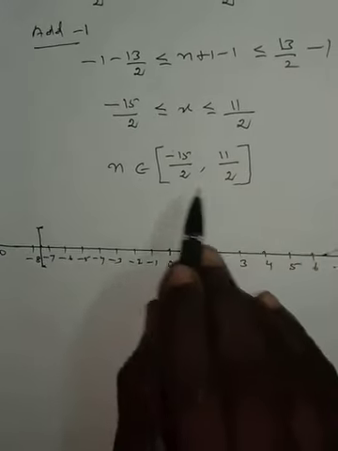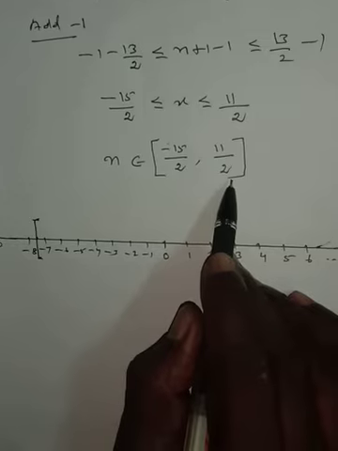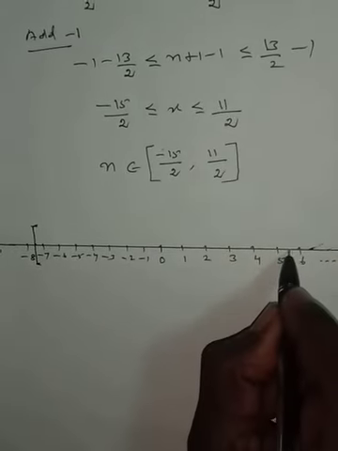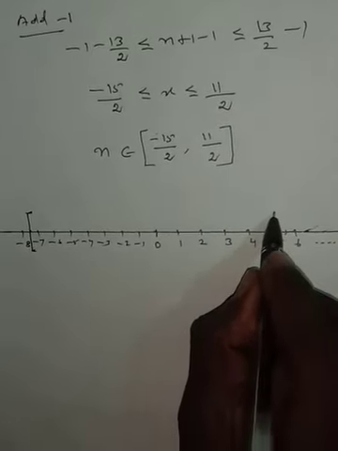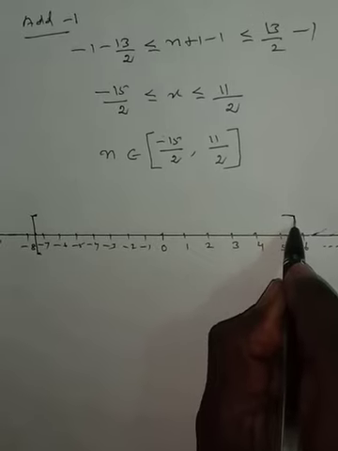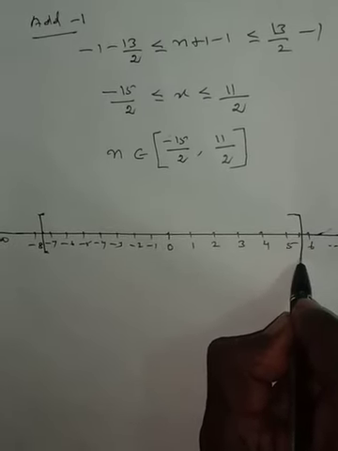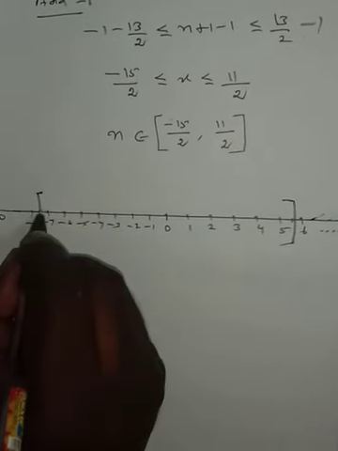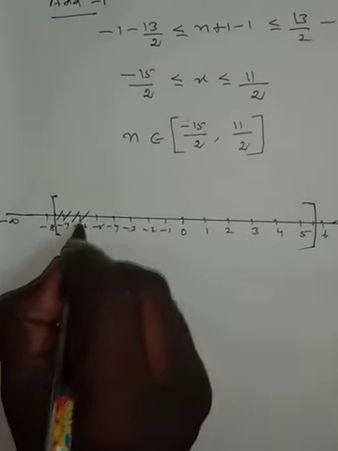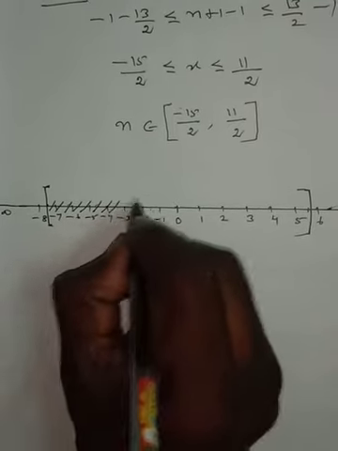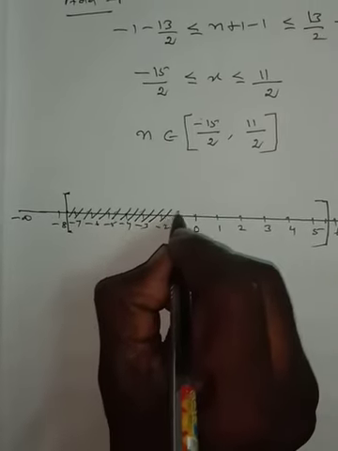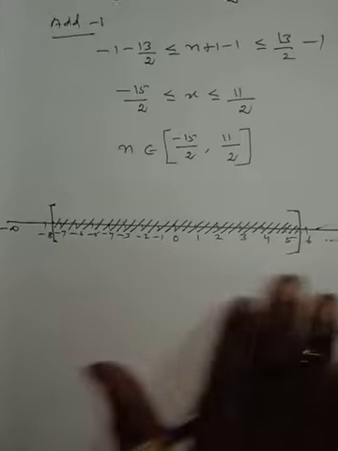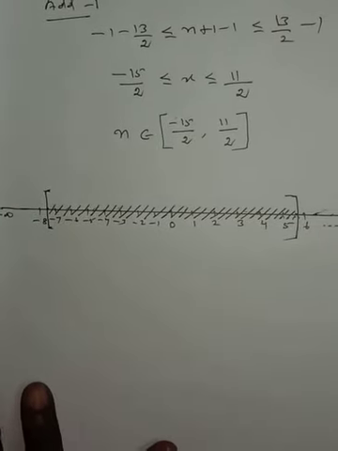Okay. Next, the right-hand side 11 by 2 means 5.5. In between is the interval. This is the graph.